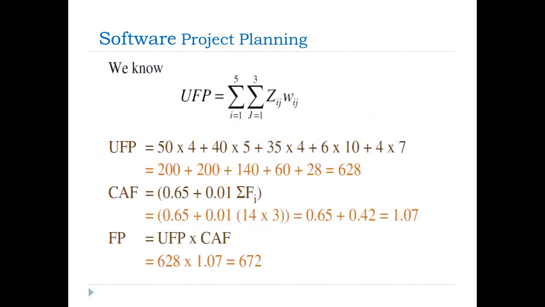So 0.65 plus 0.01, 14 are the factors and all factors are average. That's why we are multiplying 14 into 3. So we are calculating the value of CAF. CAF equals 1.07. While we are combining UFP into CAF, that is called function point.